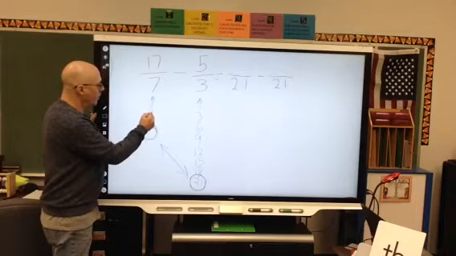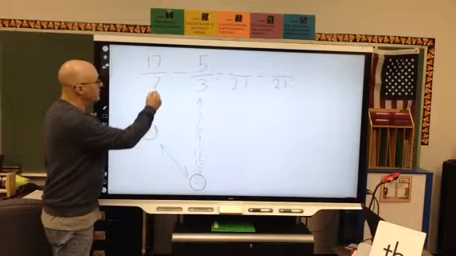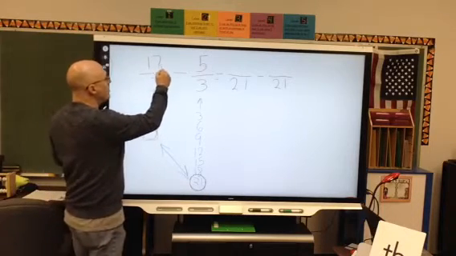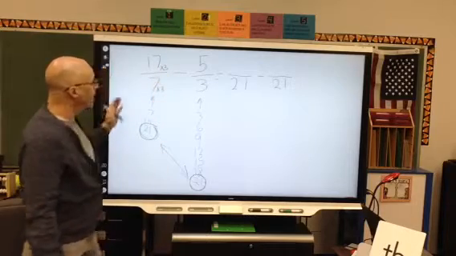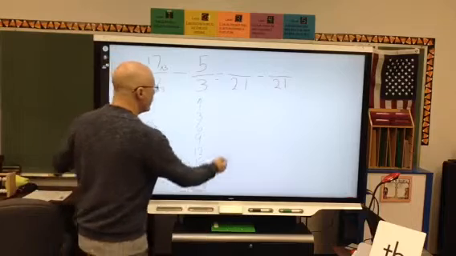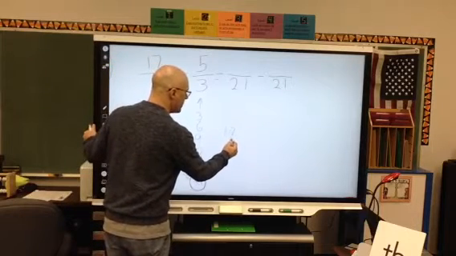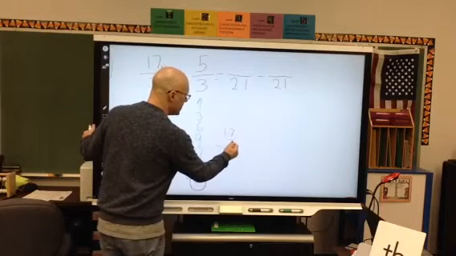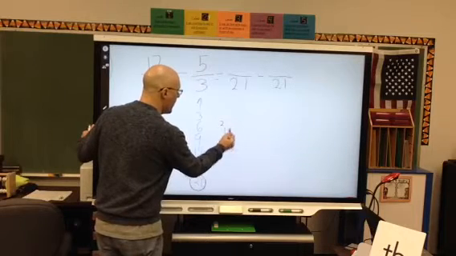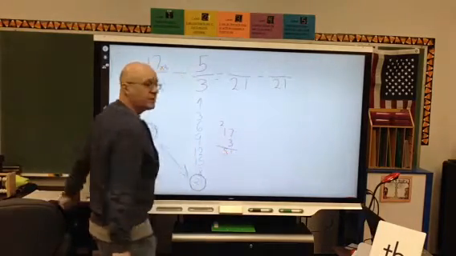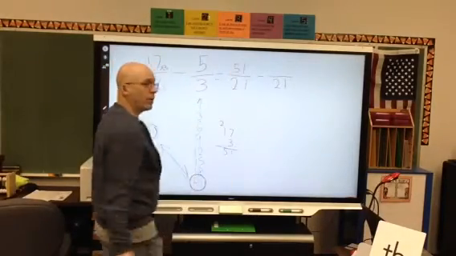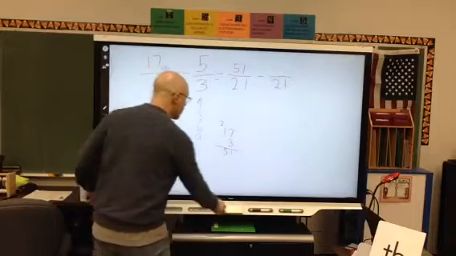I multiplied it by 1, 2, 3. So 7 times 3 is 21. Now I must also multiply the numerator by 3. So I'm going to do 17 times 3. 7 times 3 is 21, 3 times 1 is 3, plus 2 is 5. So this becomes 51 over 21, right?